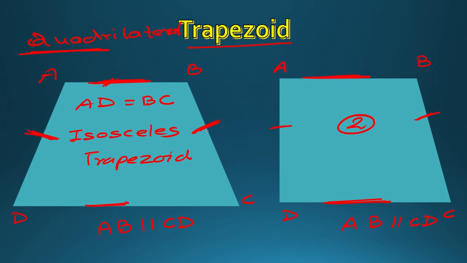If they are equal, like in the first figure, then this will be called an isosceles trapezoid. Just remember the name. Maybe they will not draw the picture in the exam; they will just write in the sentence that it is an isosceles trapezoid. So you should know the meaning of this.